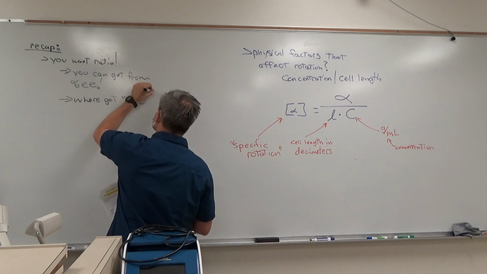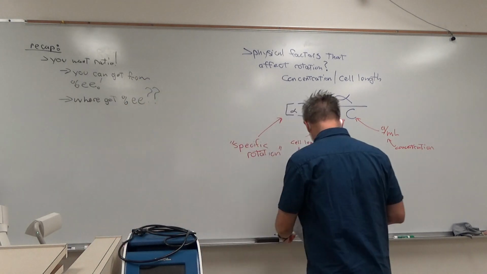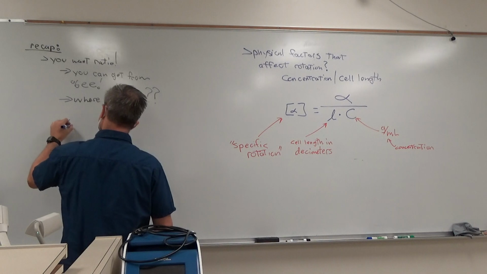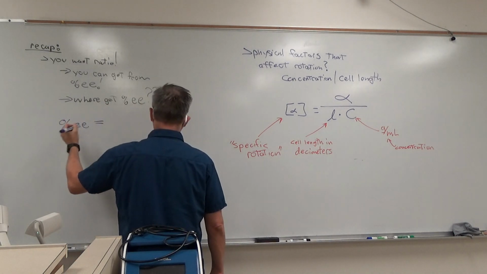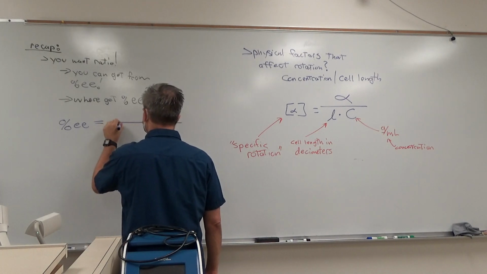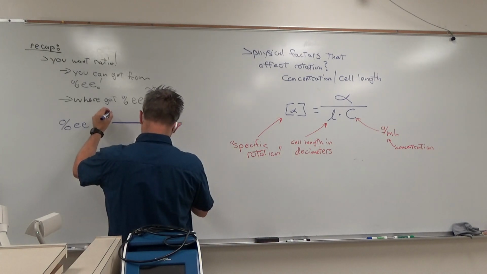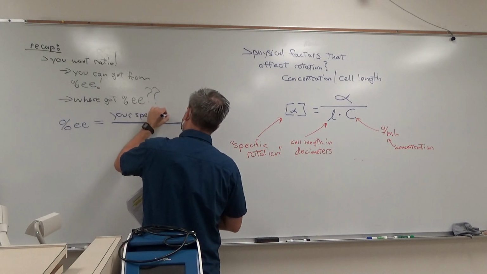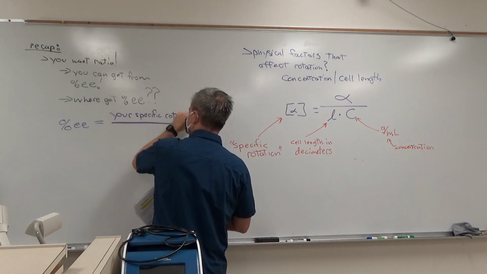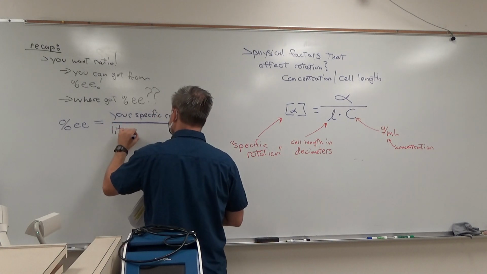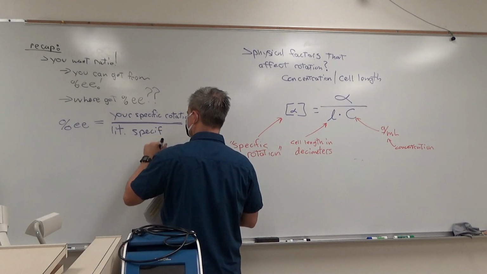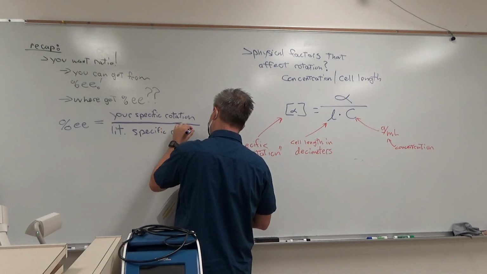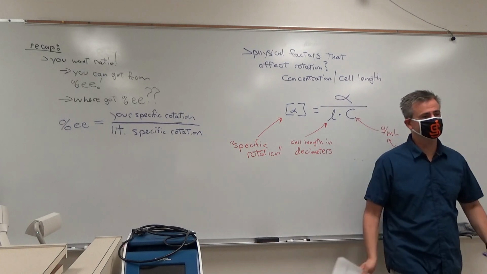Where are we going to get percent EE? Well, percent EE is directly, conveniently, equal to your specific rotation divided by the literature specific rotation. Convenient, right?